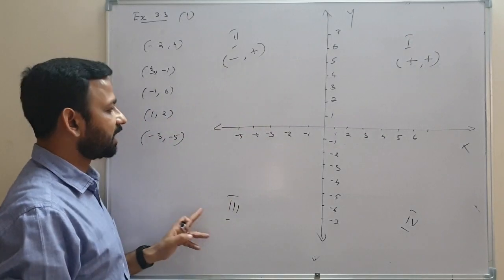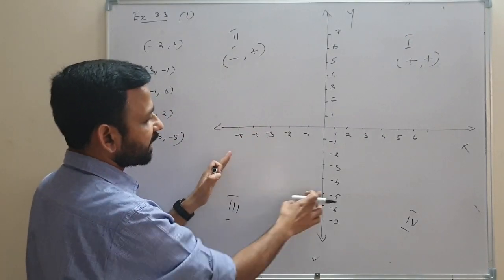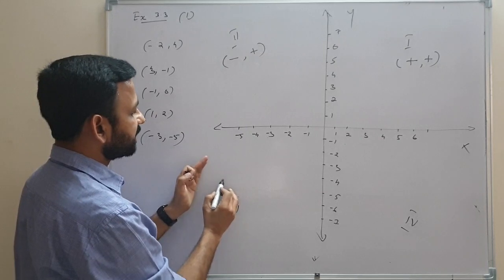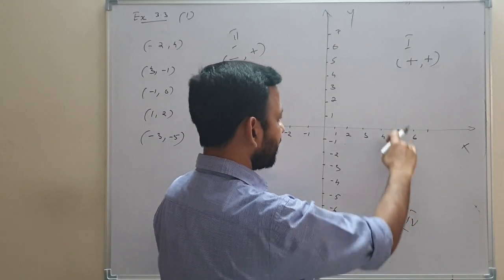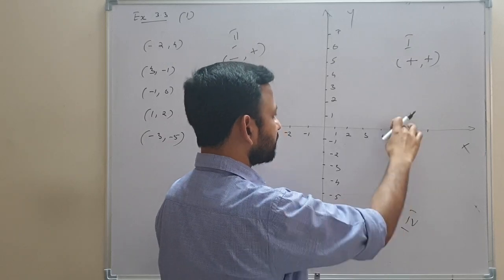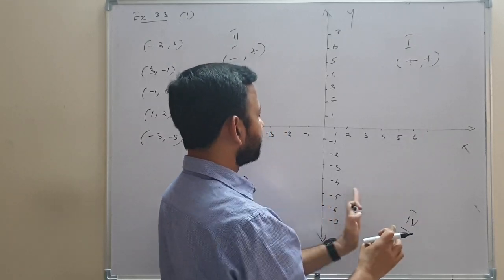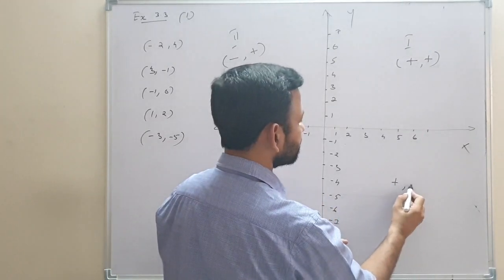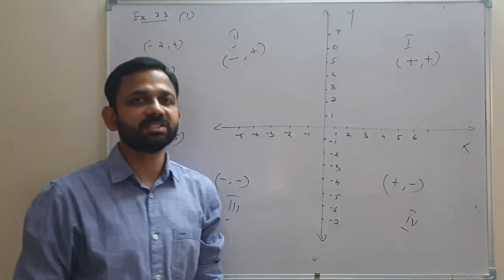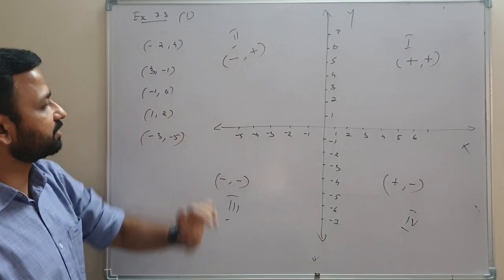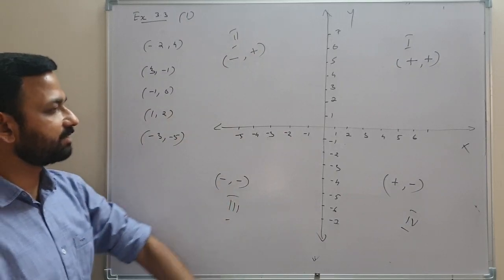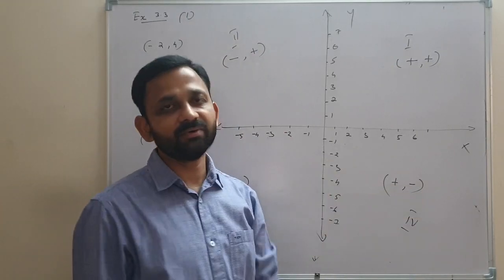In the third quadrant, both are negative. In the fourth quadrant, the x coordinate is from the positive direction of the x-axis and the y coordinate from the negative direction: positive, negative. So first quadrant: positive, positive; second: negative, positive; third: negative, negative; fourth: positive, negative.